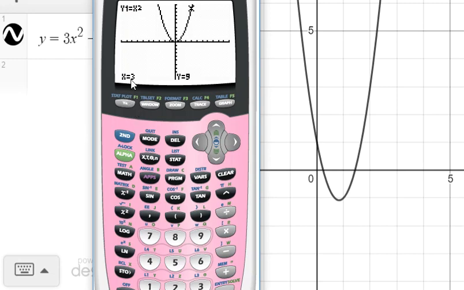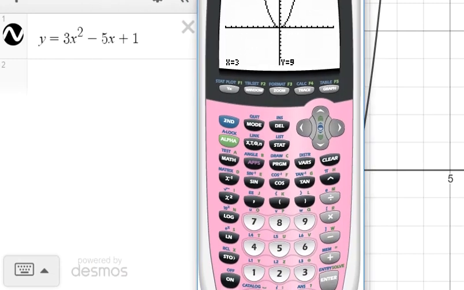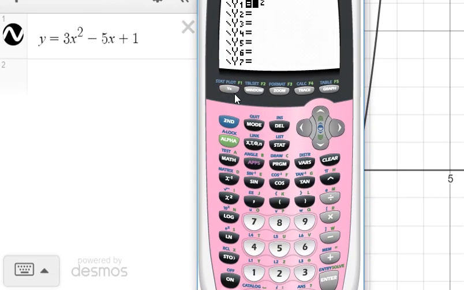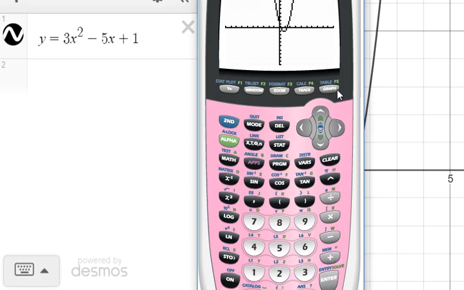Okay. Let's take that same crazy one that I just wrote. 3x squared minus 5x plus 1. So I hit graph.